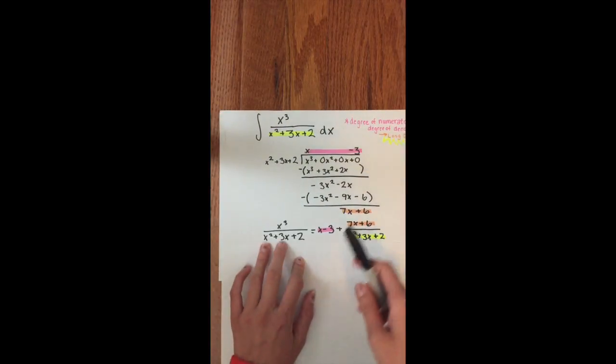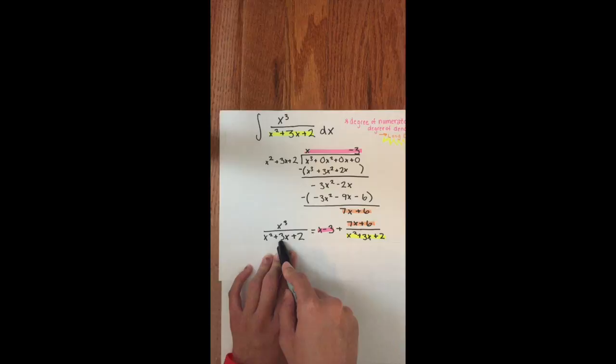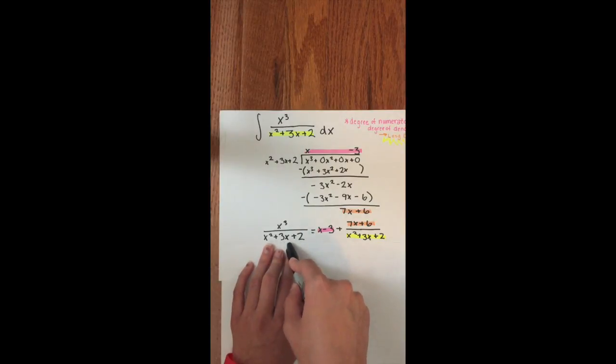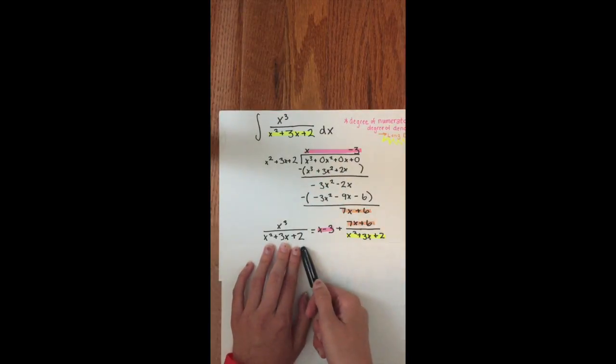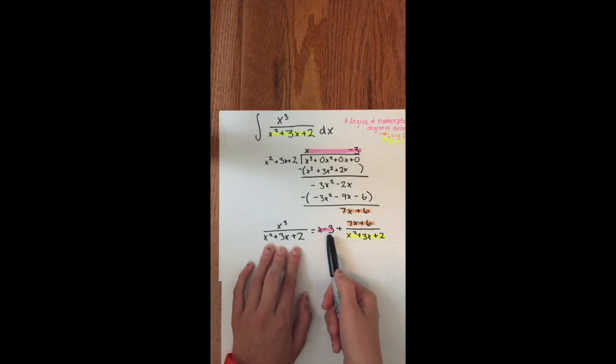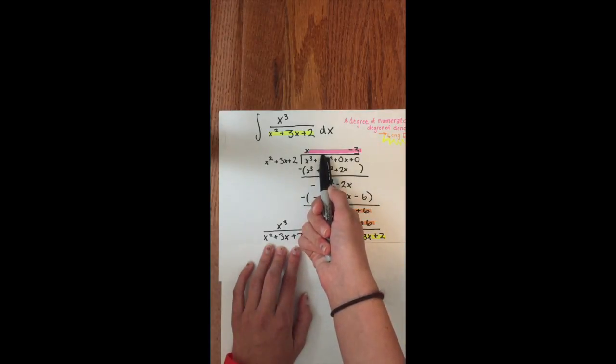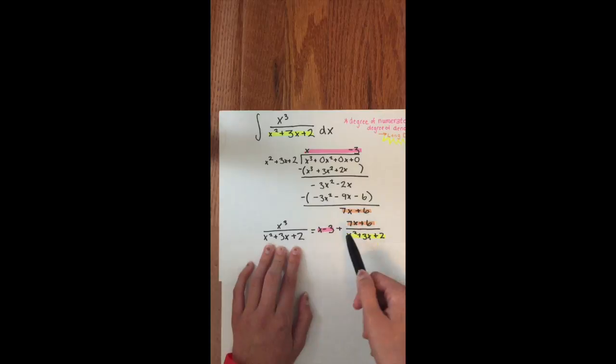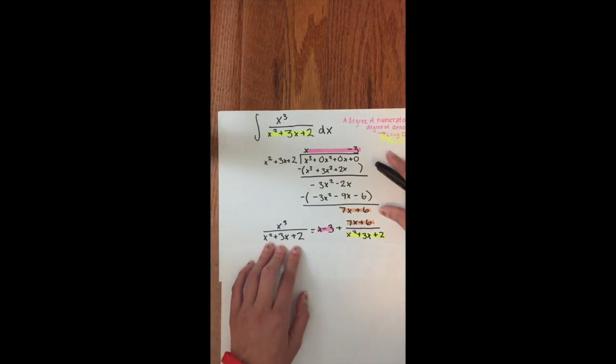Now, after the long division, you can say that this initial rational function that we had at the beginning is the same thing as x minus 3, which was our solution from the long division, plus the remainder over the initial denominator.